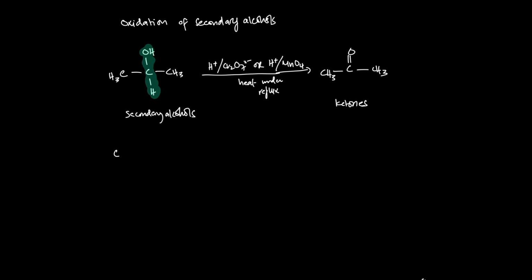And if you had to write the equation for this, you have CH3 CHOH CH3 being oxidized to form CH3 CO CH3 and H2O. Very similar to the equation where primary alcohols were oxidized to aldehydes, right?